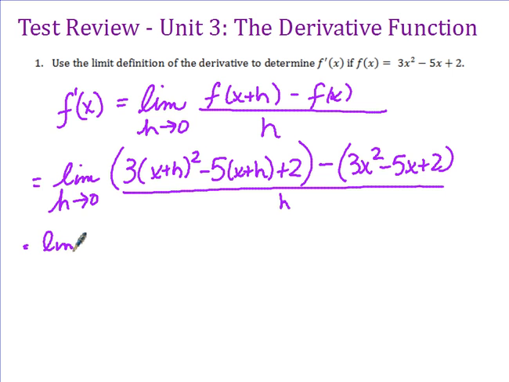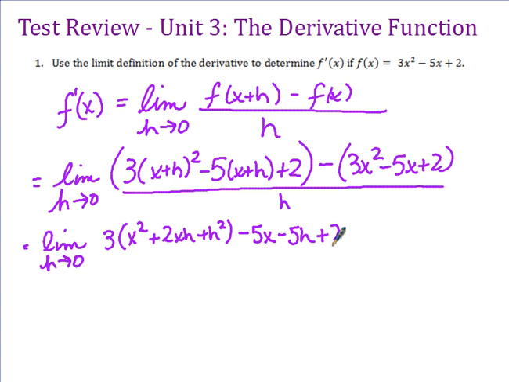So if I do a little algebra here, we're going to get 3 times an x plus h squared. That's our binomial squared that we've been working on, x squared plus 2xh plus h squared. And we can go ahead and distribute the 5: minus 5x minus 5h plus 2, and then this minus sign needs to be distributed to f of x.